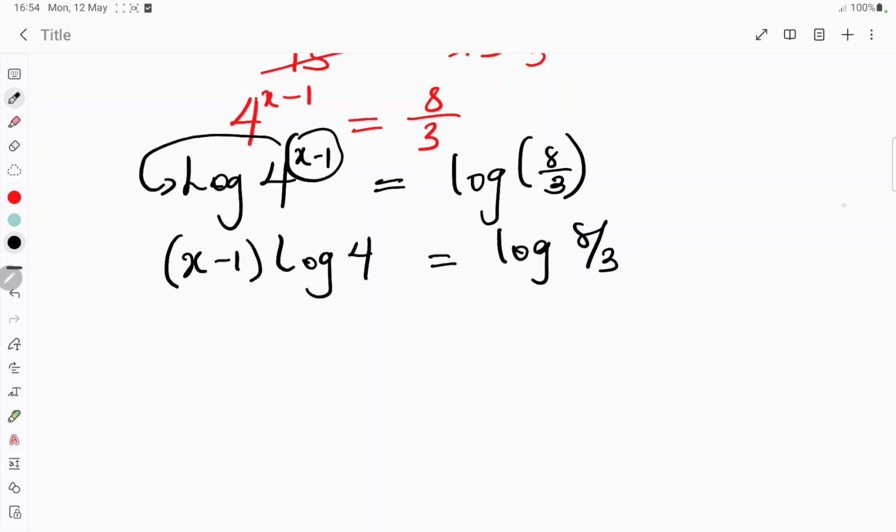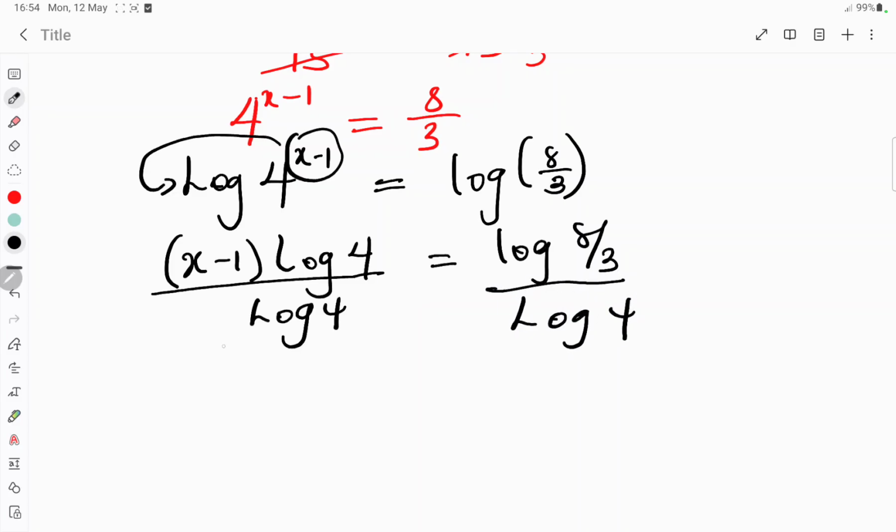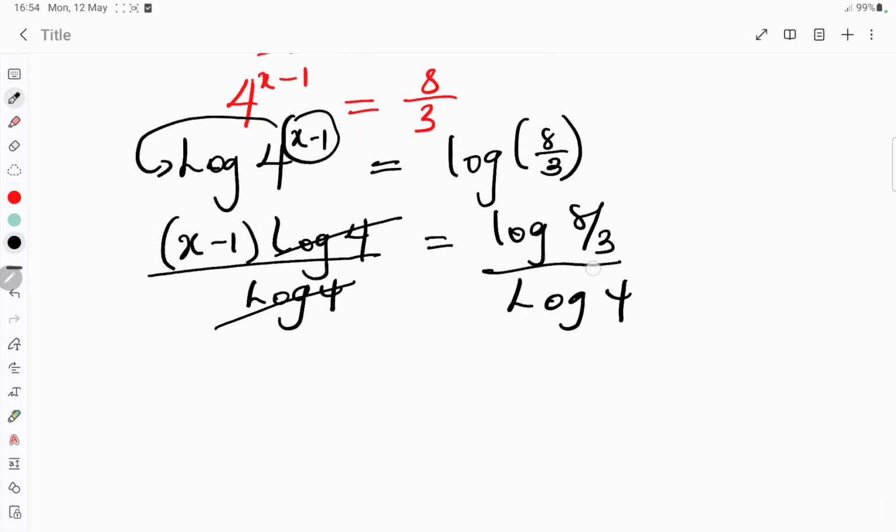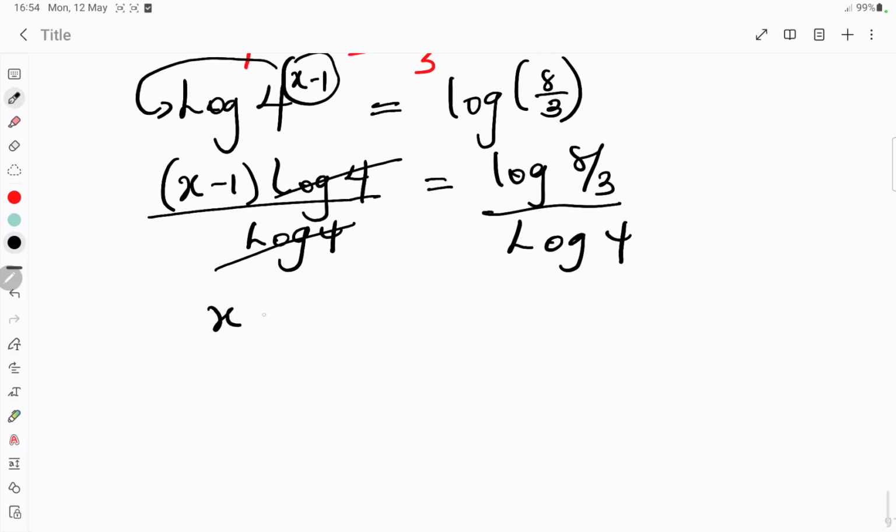Since I'm trying to find the value of x, I can divide through by log 4. Then I'll have x minus 1 equal to log of 8 over 3 divided by log 4.